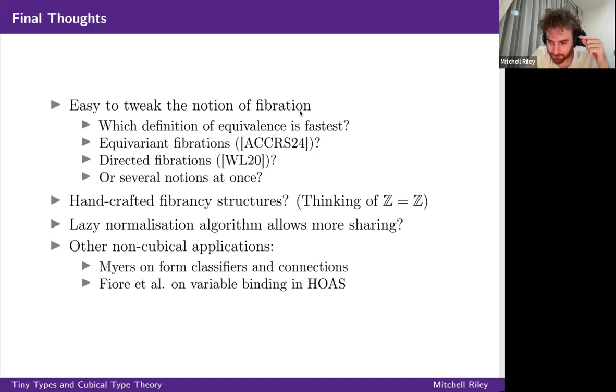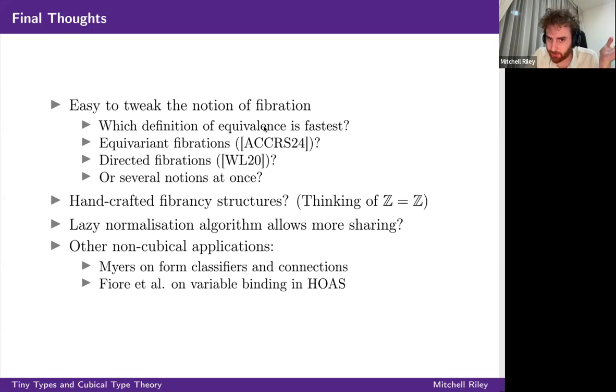It would be cool if instead there was a much simpler core language with just the tiny type and some of those cubical things like cubical subtypes, that you then just use the language itself to implement these tricky things. One of the benefits of doing that is it'll be really easy to change the notion of fibration.